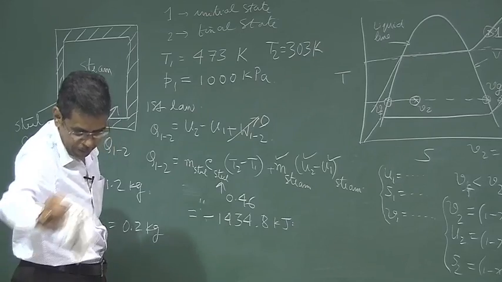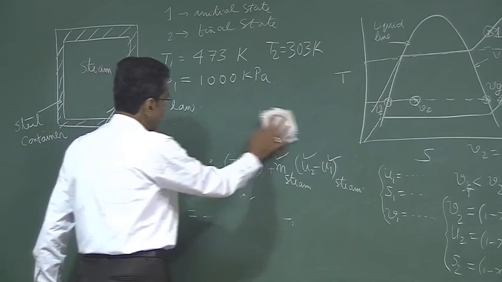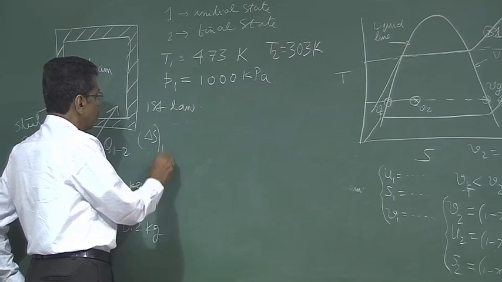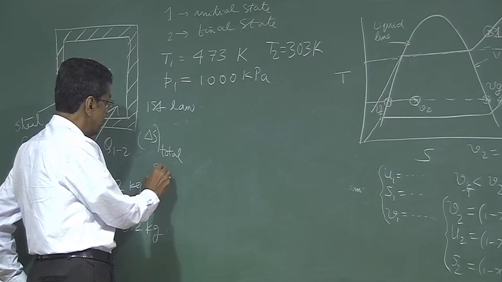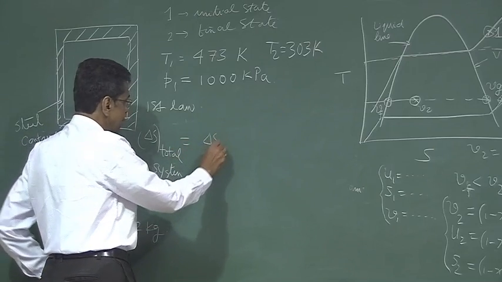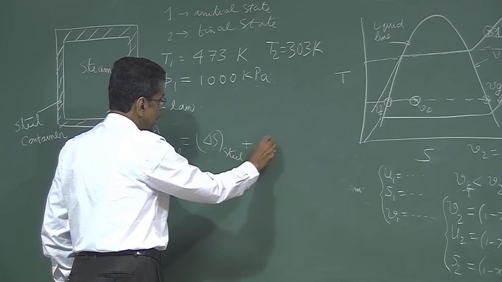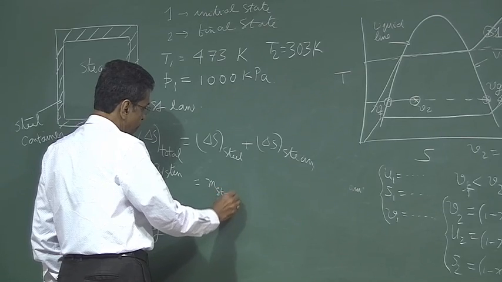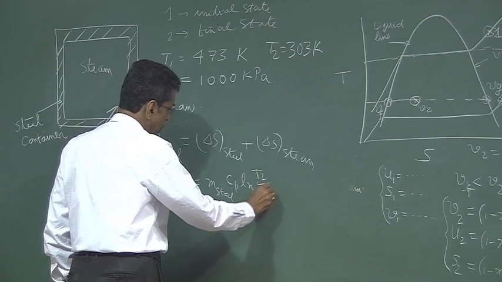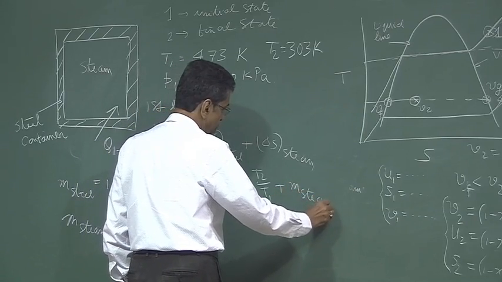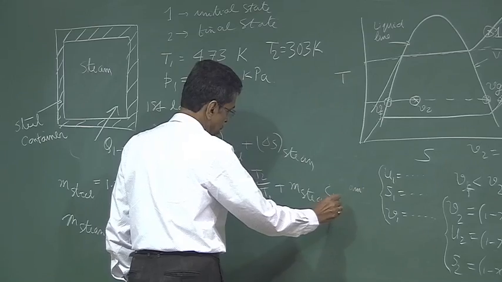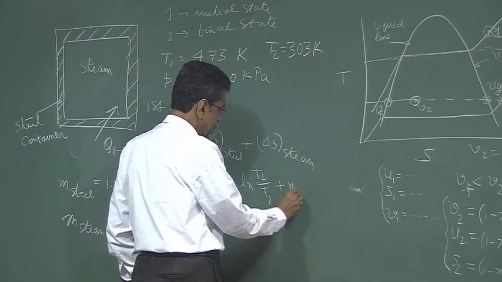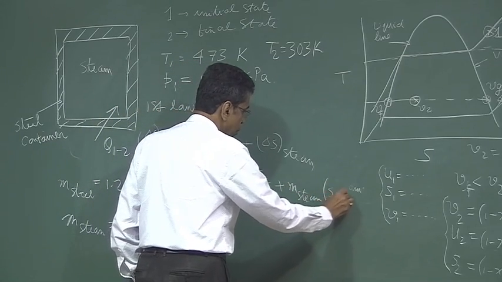Now, the entropy part is very simple. Entropy change of the total system is delta S steel plus delta S steam, and this is equal to mass of steel into specific heat into ln T2 by T1, plus delta S steam, which is m steam into (S2 minus S1).